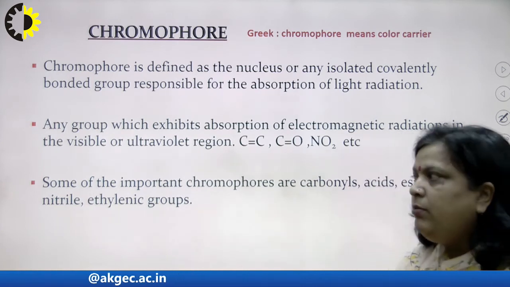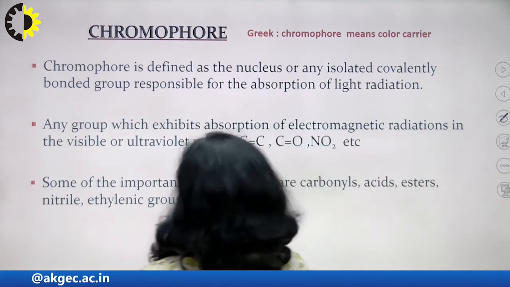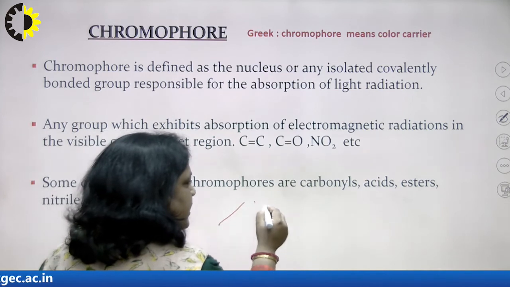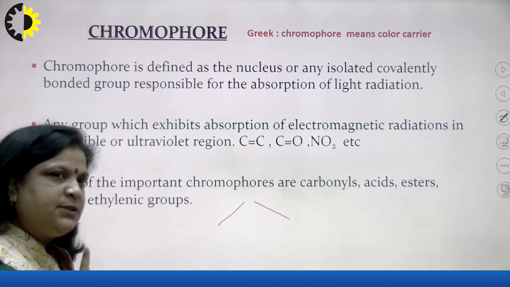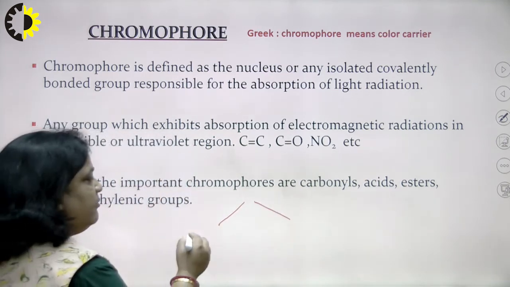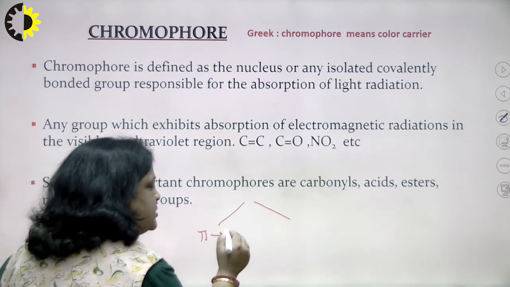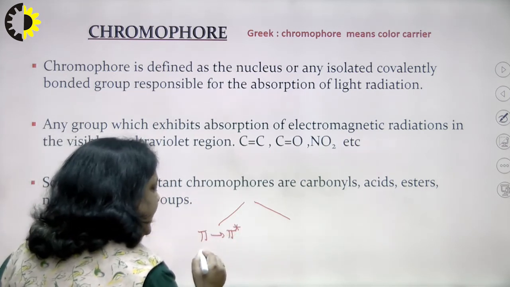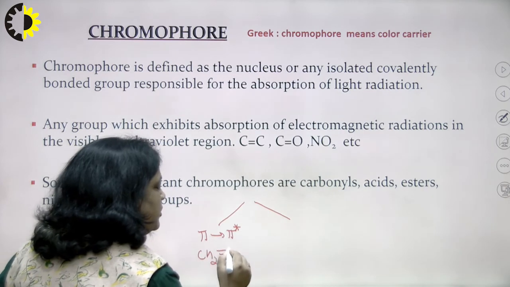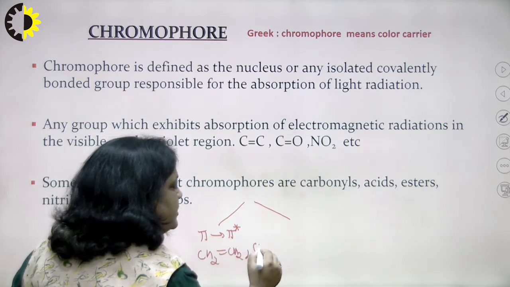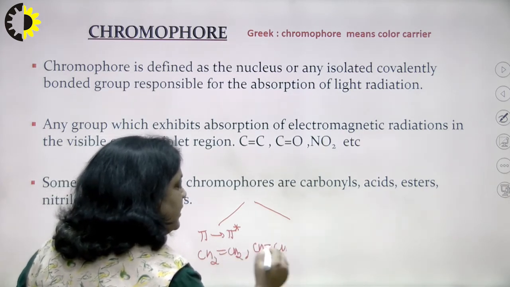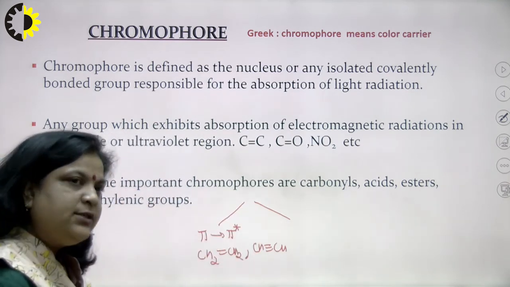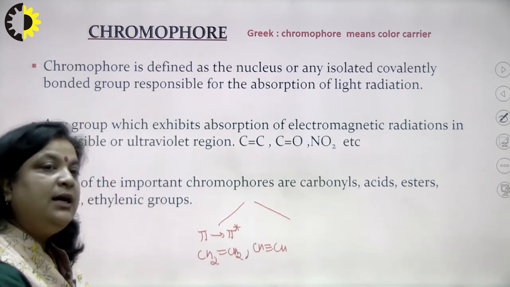So we classify chromophores in 2 categories. First, those that have pi electrons, where the pi to pi star transition is possible, like ethylene CH2 double bond CH2, like acetylene CH triple bond CH. And the second category is those that have non-bonding electrons with unsaturation.